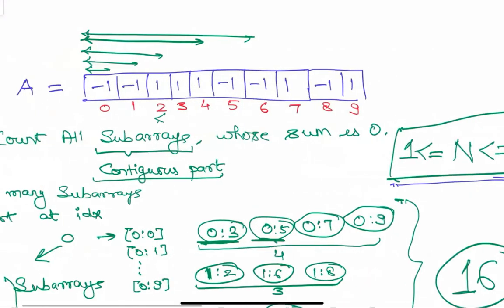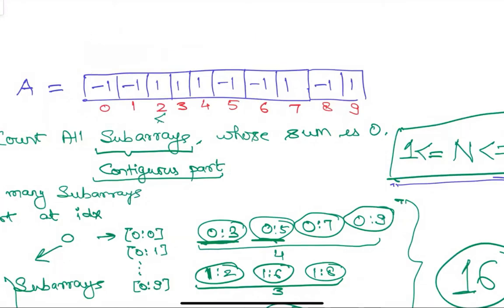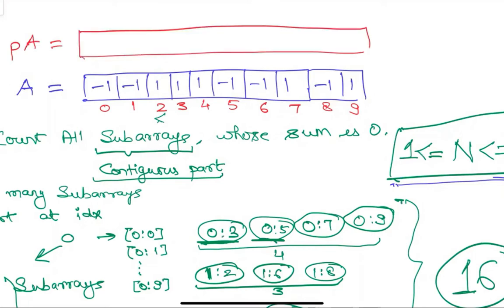So in order to get the optimal solution, let's try to think in terms of prefix sum. What I want from you is to help me write the prefix sum array for this array A. You see the array given below. What will be at index 0? Minus 1. At index 1? Minus 2.